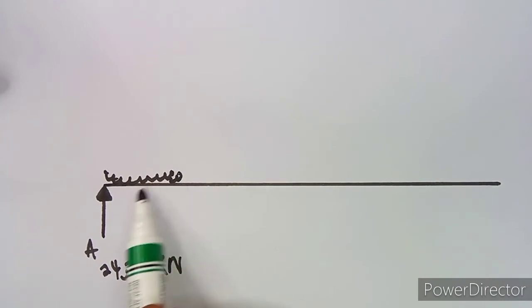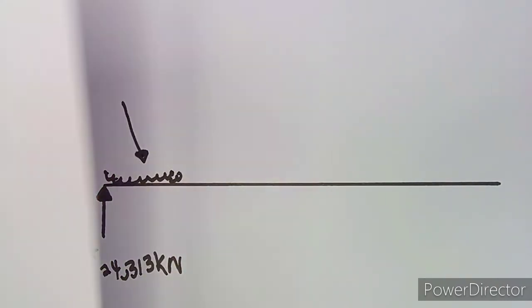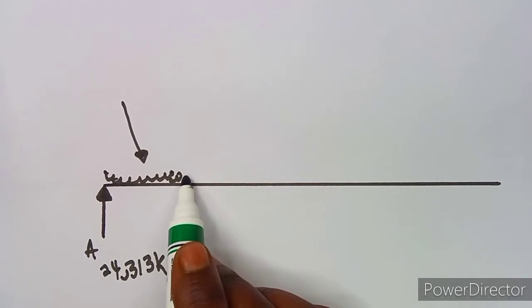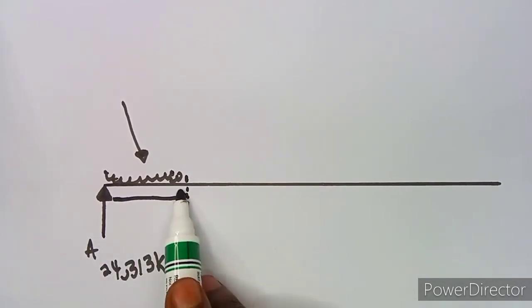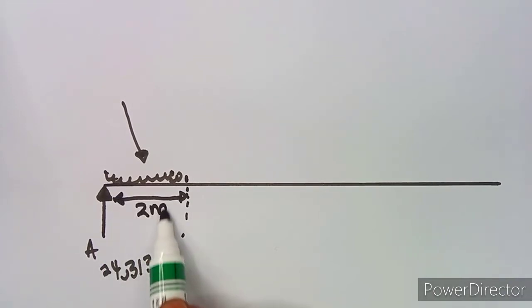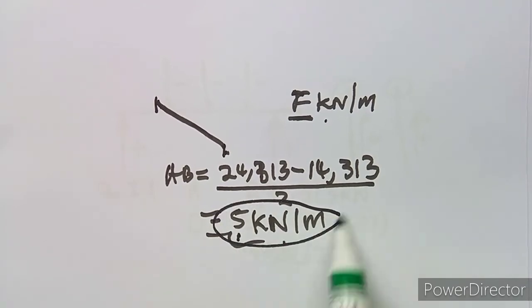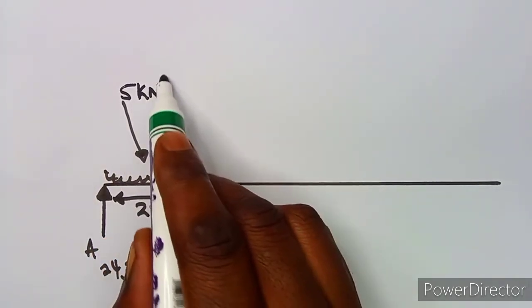There's going to be a distributed load in between these 2 points, which is 5 kilonewtons, because we calculated this before. Between this distance of 2 meters, we've got a distributed load of 5 kilonewtons per meter.